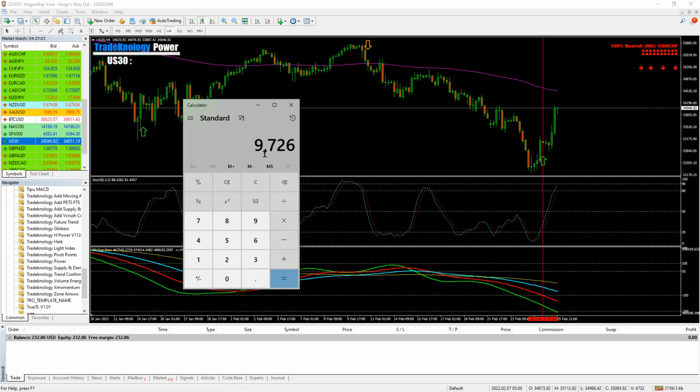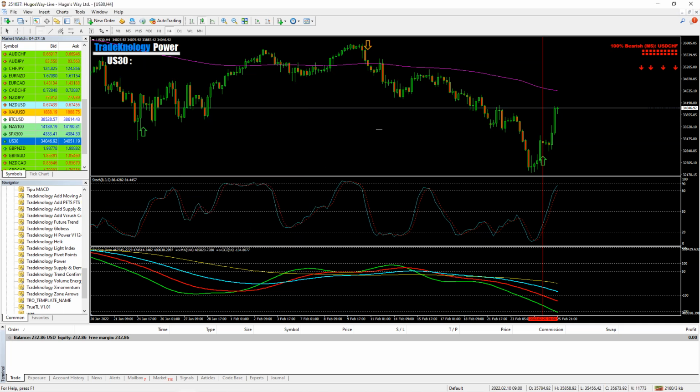So I stayed out of it, being conservative, and I gave away $10,000 because I would have put a mini lot on that. My stop loss would have been back here. So it never even came close to it.